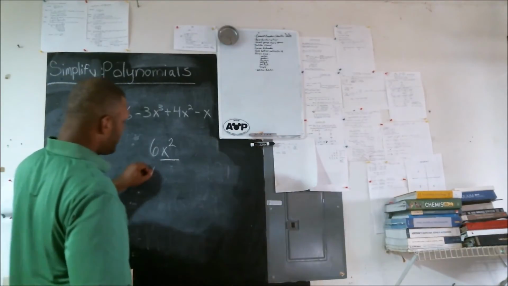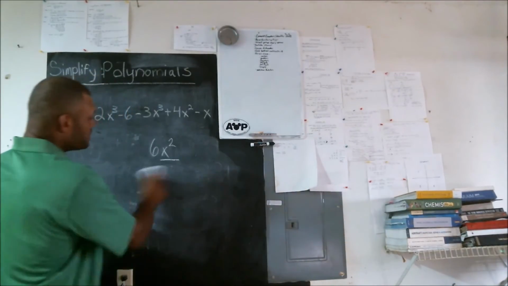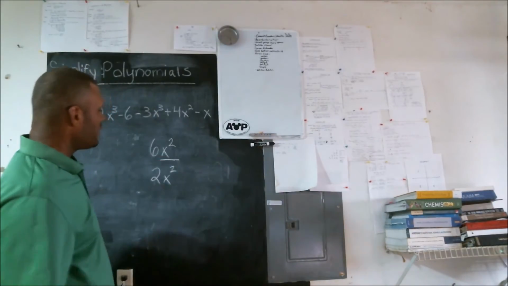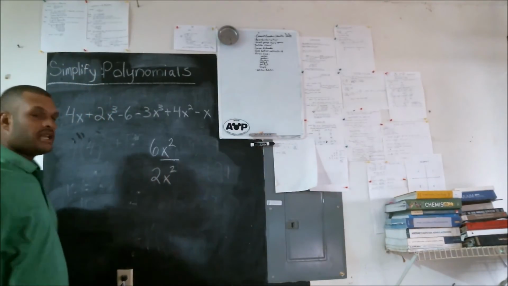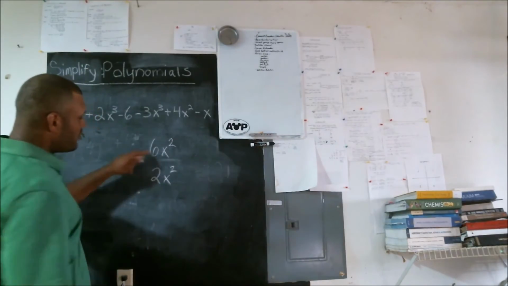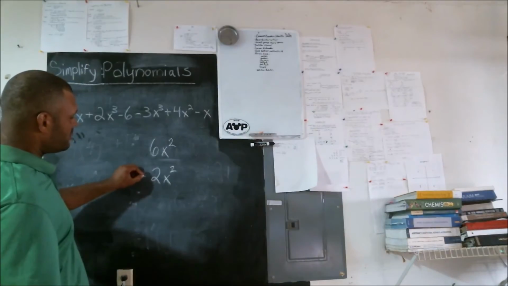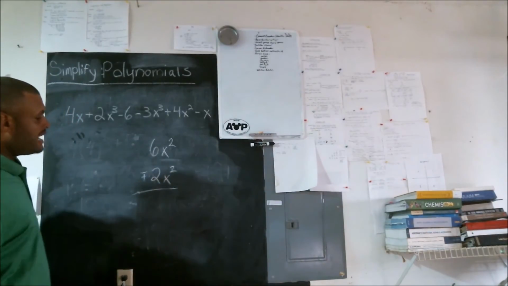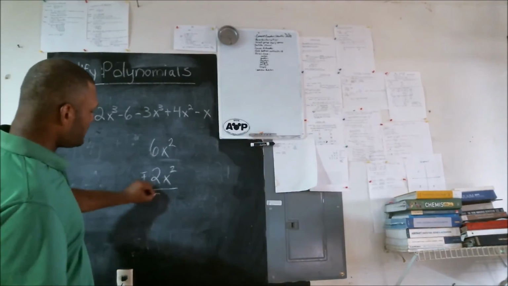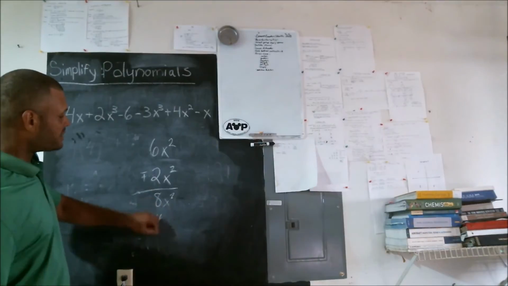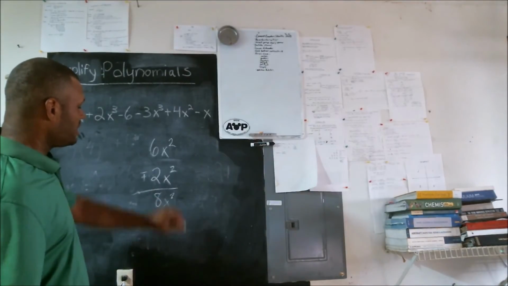However, if we had a 2x squared, depending on what we needed to do, all we need to know is whether we need to subtract or add, and then we'd find our number. So this would be 8x squared if we added, and 4x squared if we subtracted.